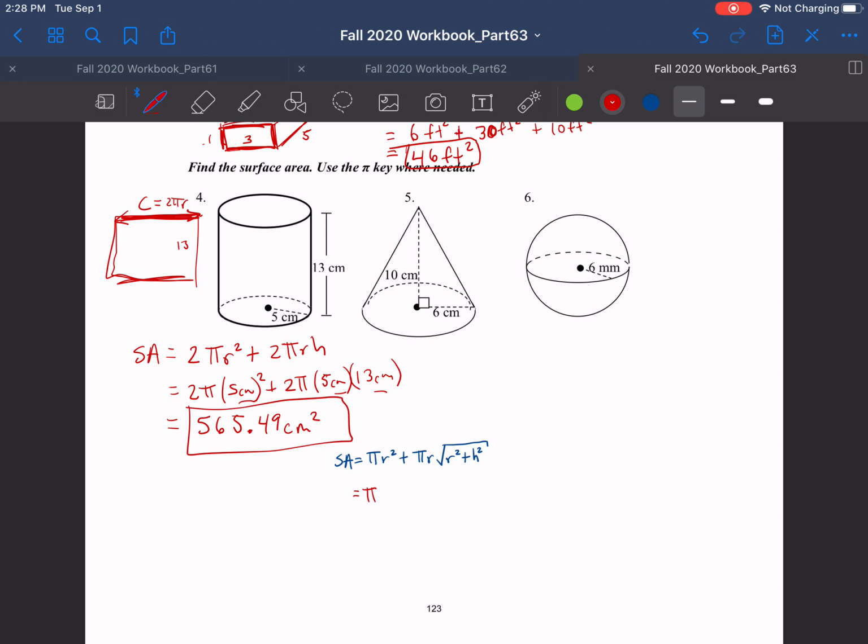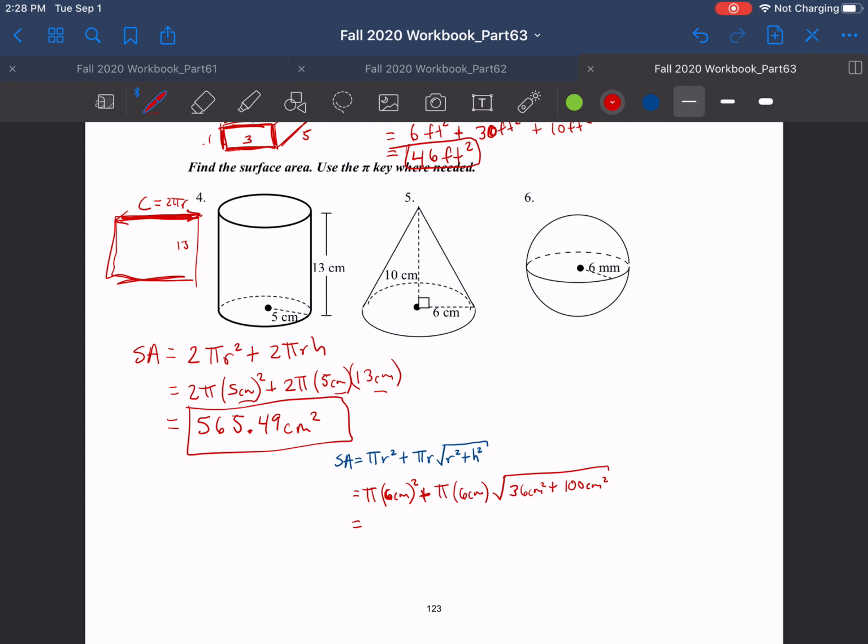So this is pi times the radius of 6 centimeters squared. Plus pi times the radius of 6 centimeters times the square root of 6 centimeters squared, which is 36 centimeters squared, plus the height squared, 10 squared, 100 centimeters squared.